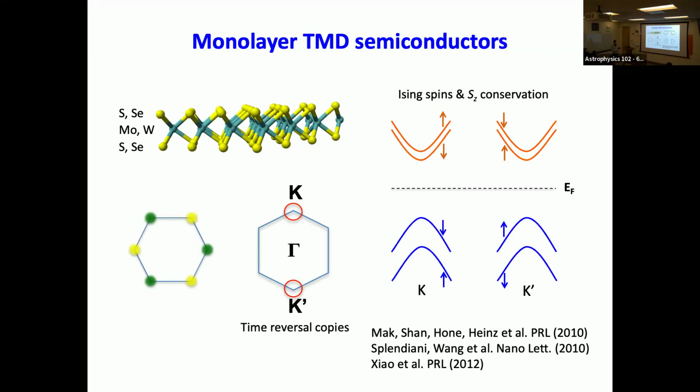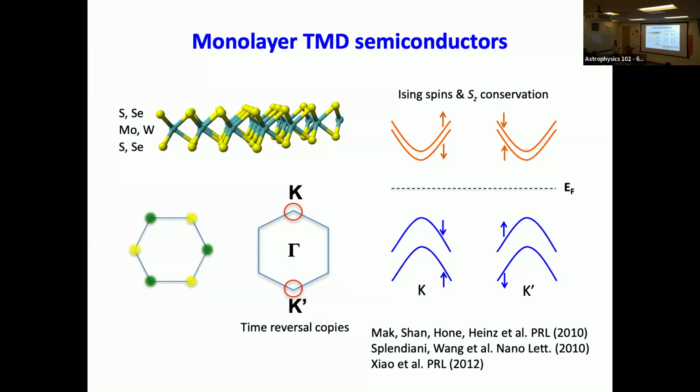And the electronic states of interest are also located at the corners of the Brillouin zone. And because of the broken inversion symmetry, an energy gap is opened at the K and K prime points, so it's like gapped graphene. It also has large spin-orbit coupling that locks the spin to the out-of-plane axis. So actually, it's like an effective Ising spin, or you can think of it as Sz conservation. Sz is a good quantum number.